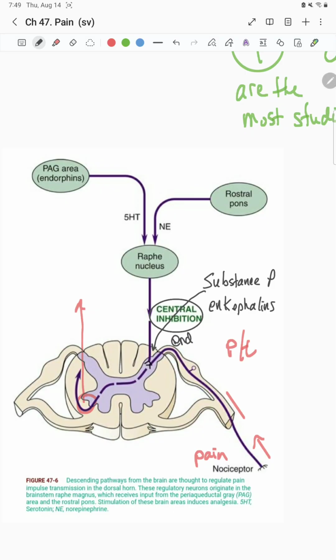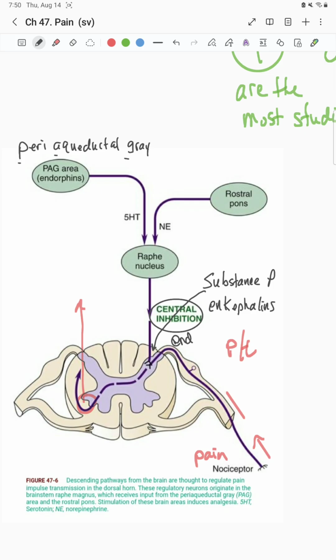So let's start at the beginning. Okay, so the beginning is going to be this periaqueductal gray, or the PAG, and this is where endorphins are released.